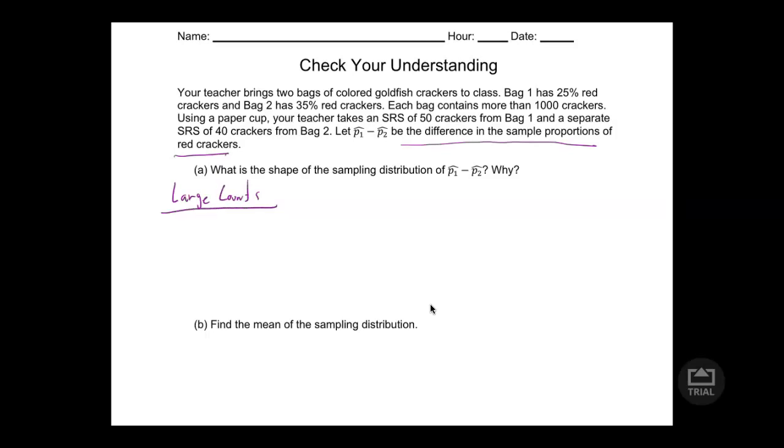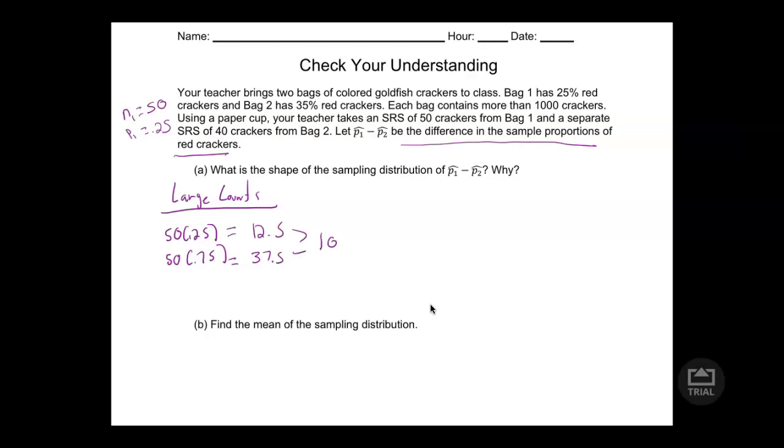From bag 1, it was 50, and our P1 was 25%. So 50 times 0.25, and then 50 times 1 minus 0.25, which is 0.75. Calculating this out, this is going to be 12.5, and this one is going to be equal to 37.5. That's greater than or equal to 10, so that checks.